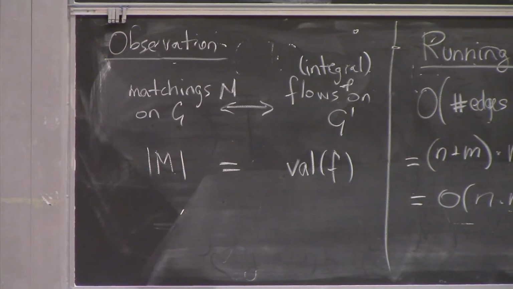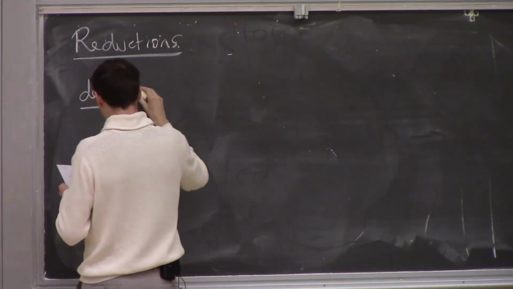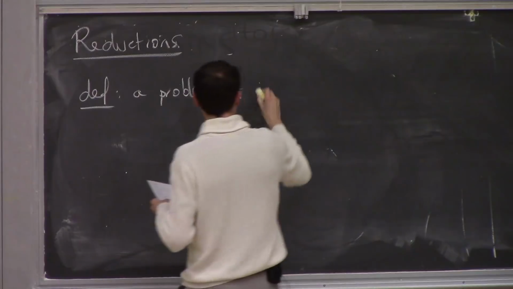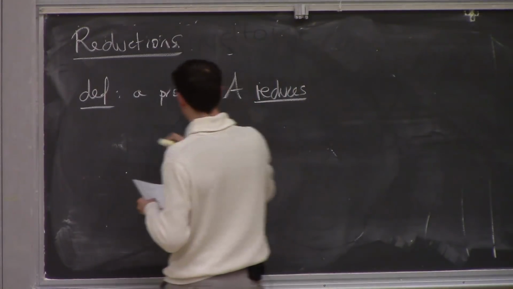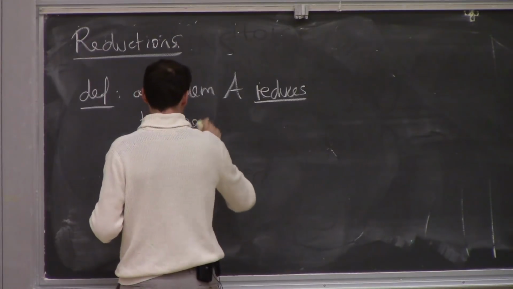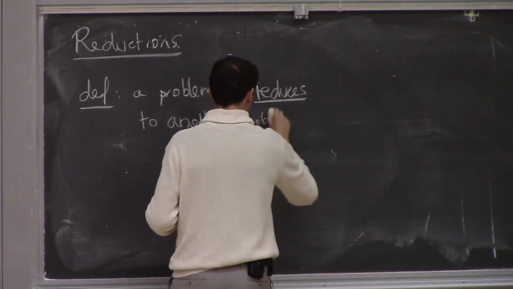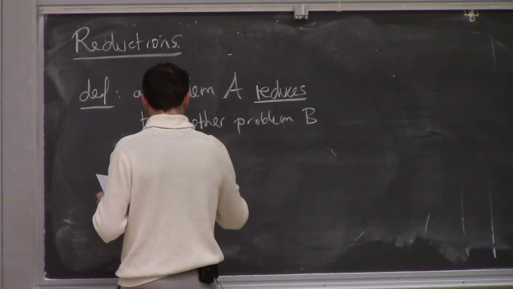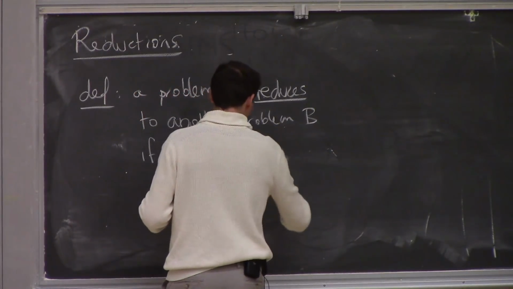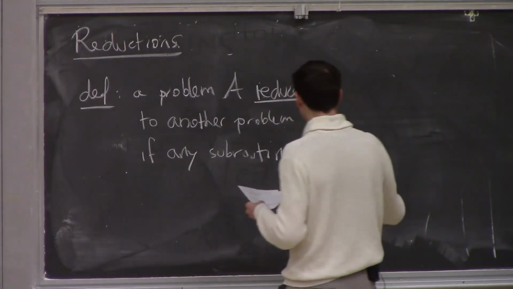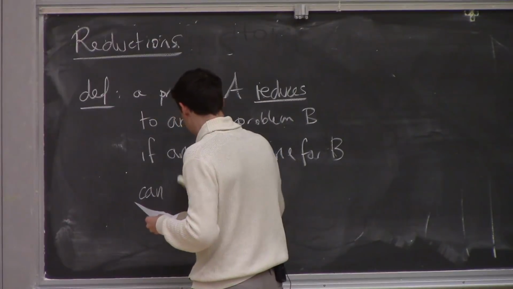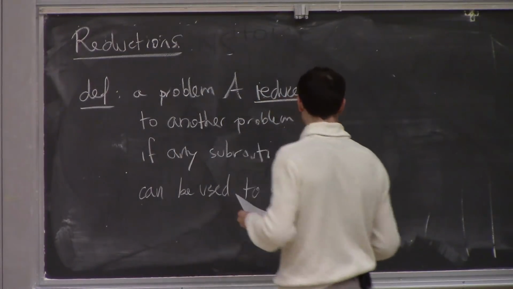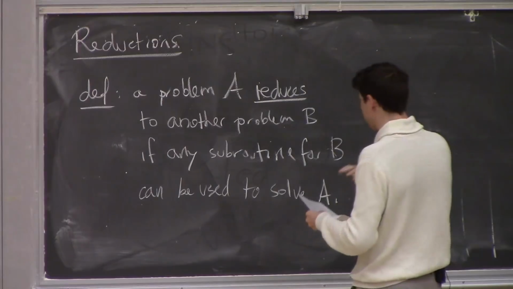We're going to say that a problem A reduces to another problem B if any subroutine for B can be used to solve A. Let me make sure I got my directions right, because I always mess up the directions of this.